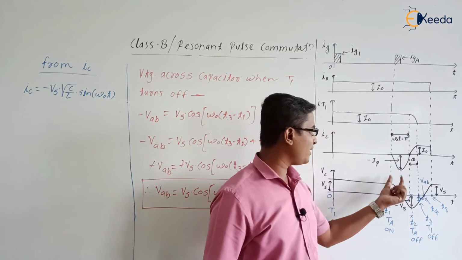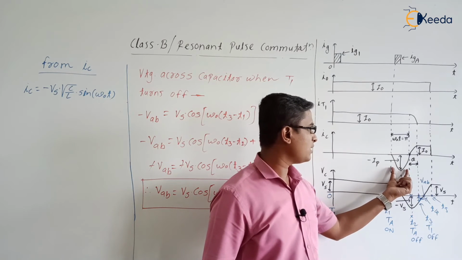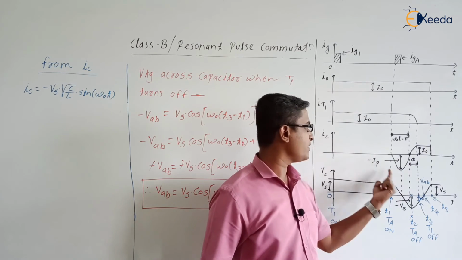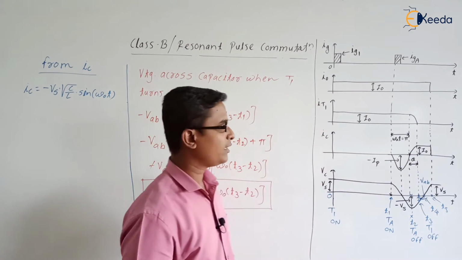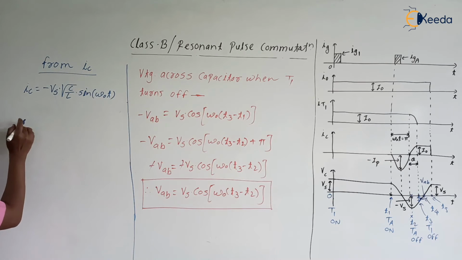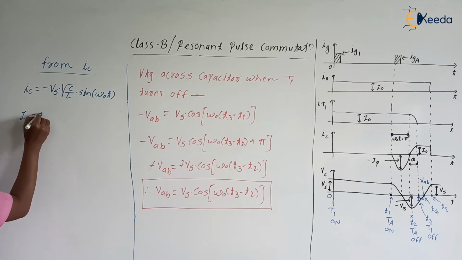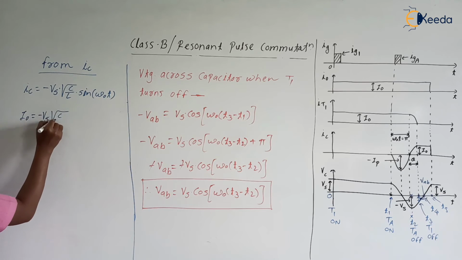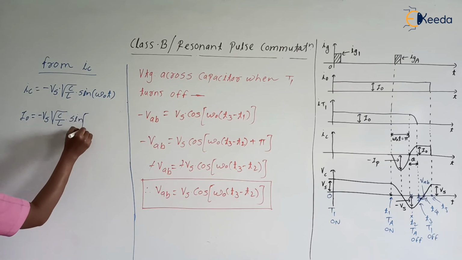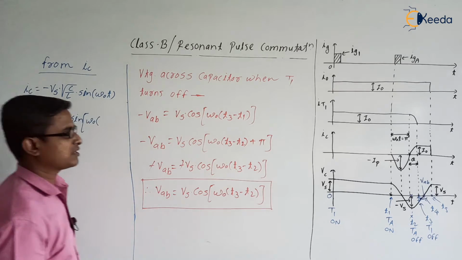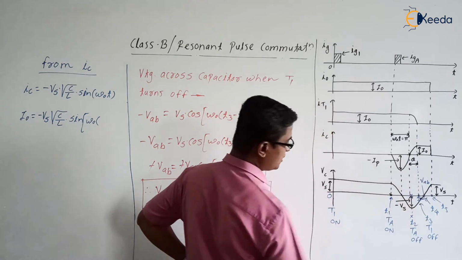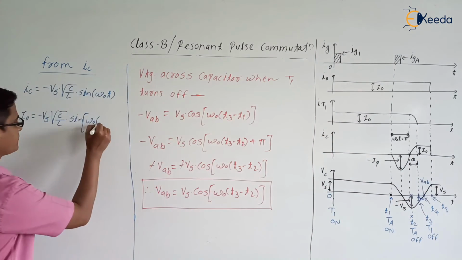At angle pi plus theta, we have IC equal to I0. So we can write I0 equals minus Vs square root of C by L times sine of omega 0 into this instant minus this instant, that is T3 minus T1.